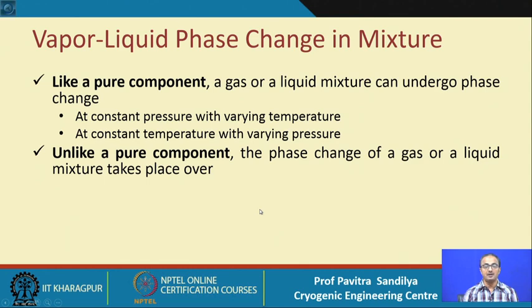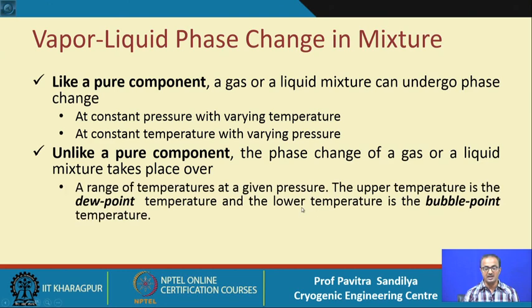But after this there are the differences. The difference is this, that unlike a pure component, the phase change of a gas or a liquid takes place over a range of temperatures at a given pressure, and the upper temperature is the dew point temperature and the lower temperature is the bubble point temperature.